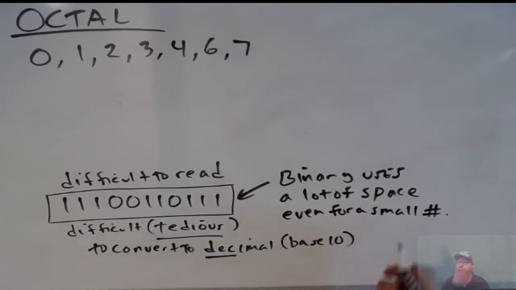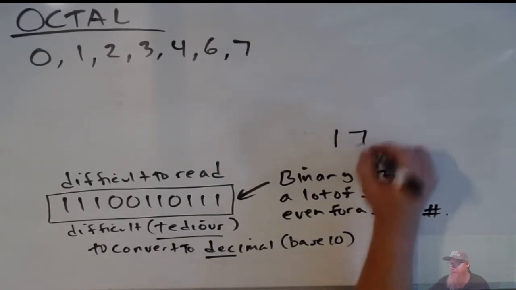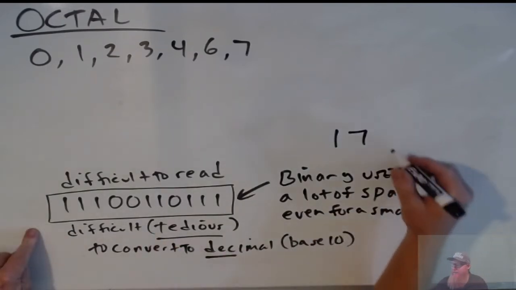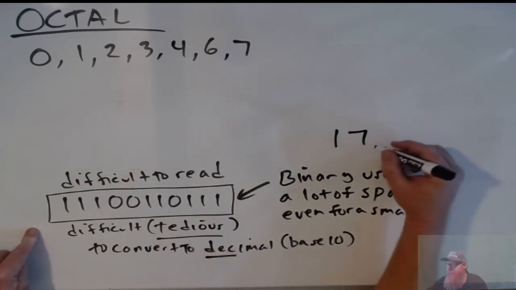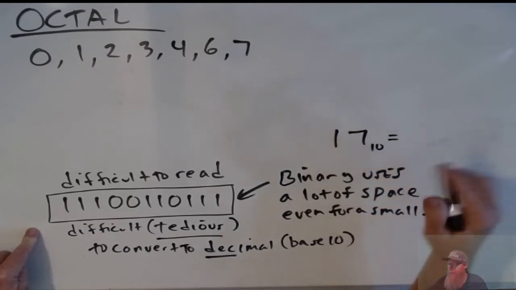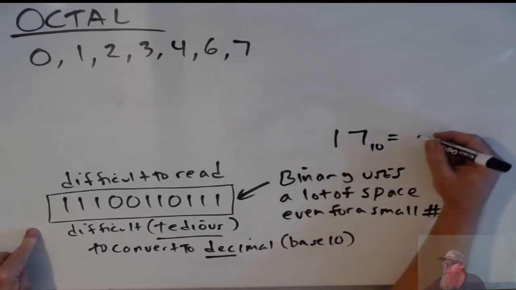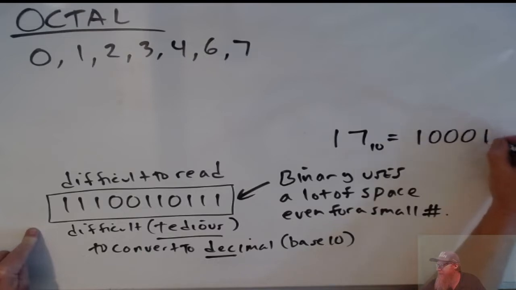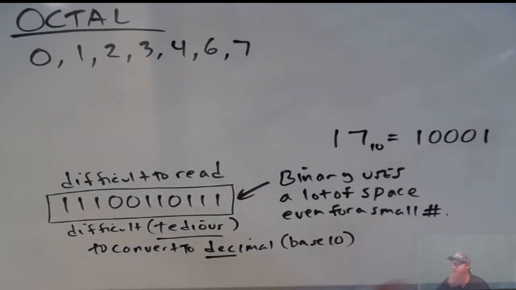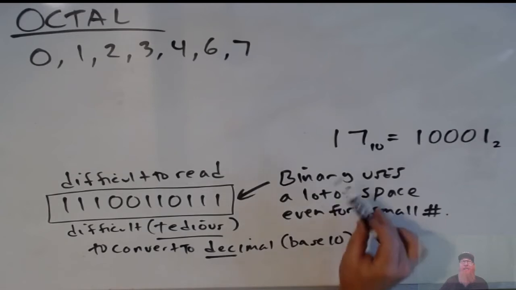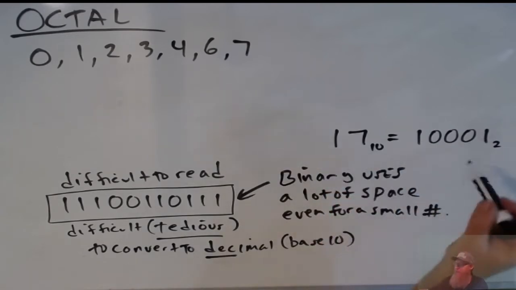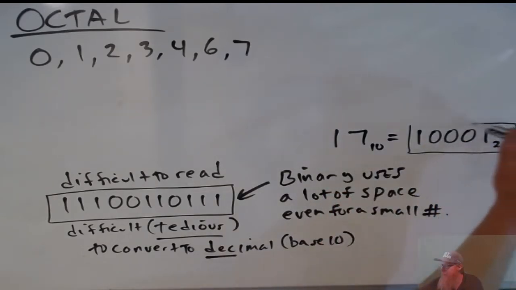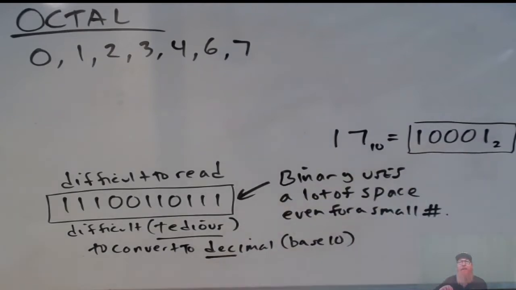For example, if you wanted to write the number 17 in binary, base 10, 17 converts in binary to 10001. 17 is not a very big number, but look at how much space it takes up in the binary number system.